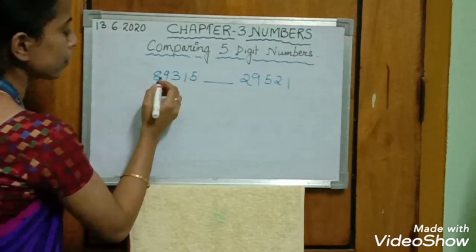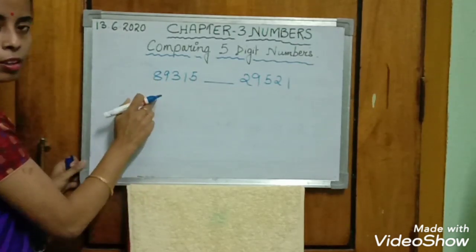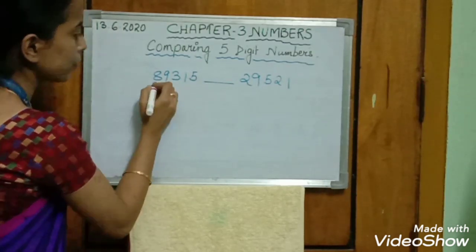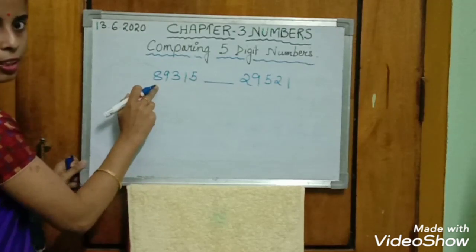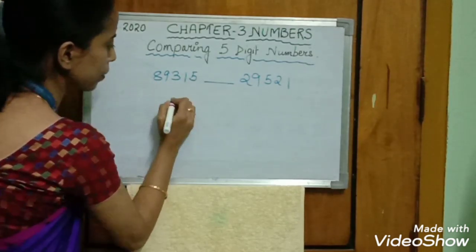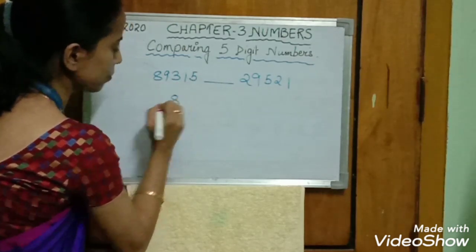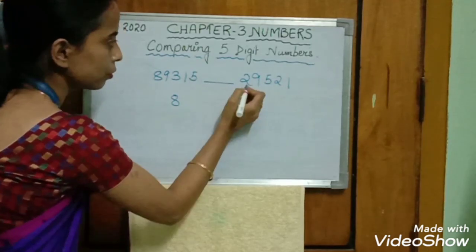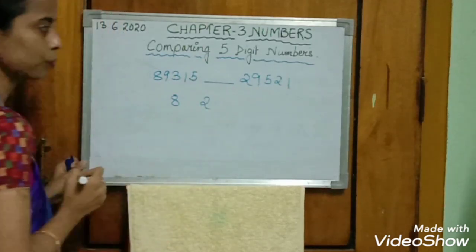So, first we will see from the largest place value. Look here, in the 10,000 place, which number is there in this one? Number 8. And in the 10,000 place of the other number, what is the number? 2.